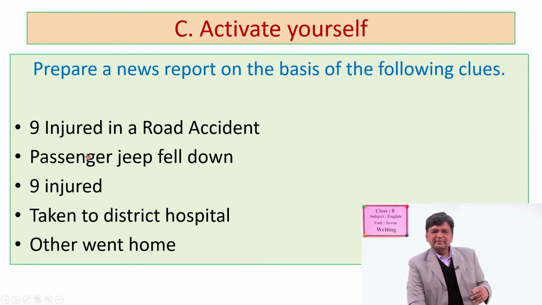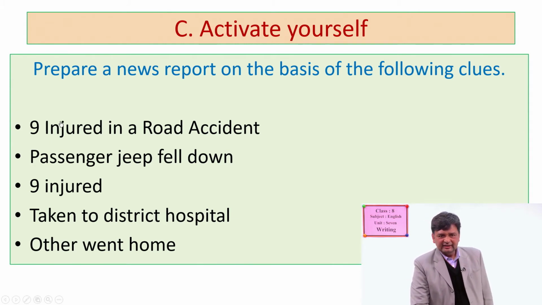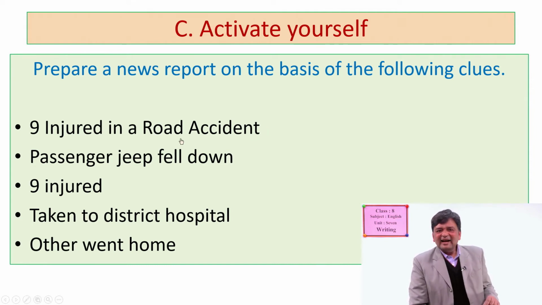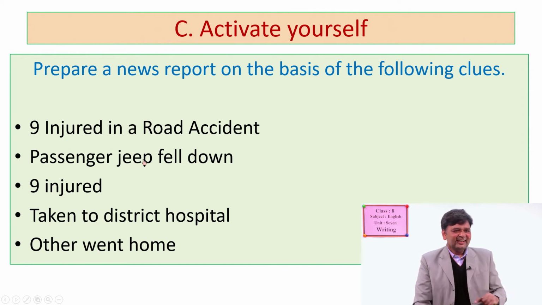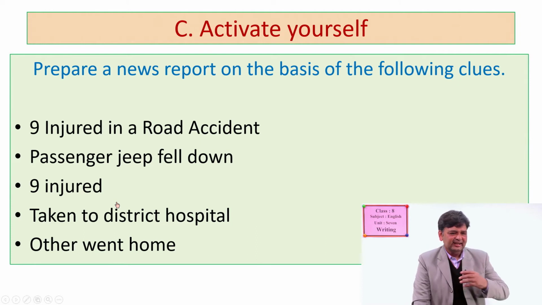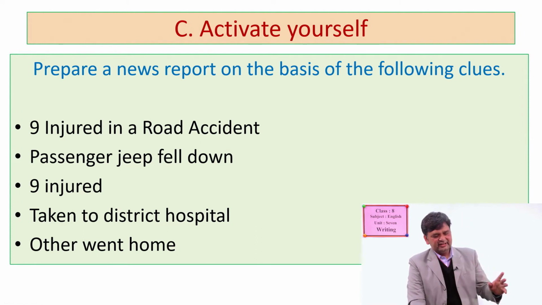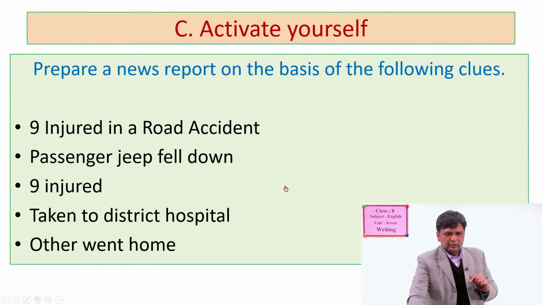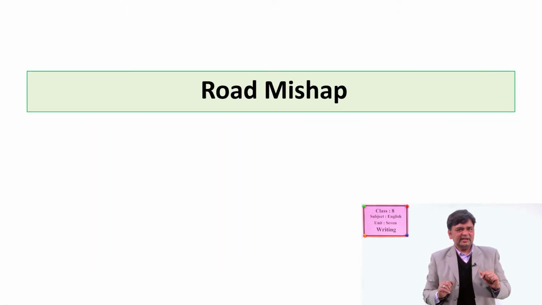Sometimes, since 9 injured is already there up here, it can also come as a sub-headline, very good. And then there must be a person who is reporting, and then there must be other things as well. So let's see. I will ask you what the things are, okay? So what can be this road mishap?